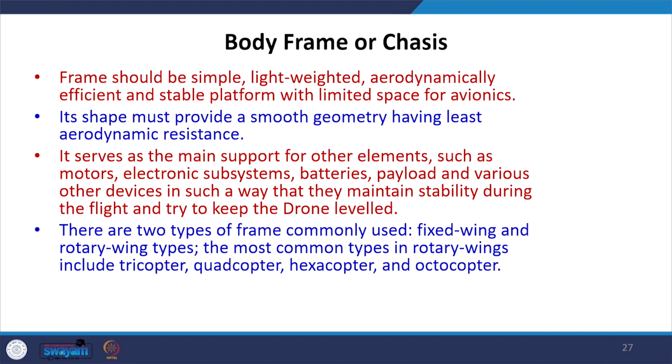The frame should be simple, lightweight and aerodynamically efficient. That is important. And a stable platform with limited space for avionics. Its shape must provide a very smooth geometry having the least aerodynamic resistance, so that the drone can fly without much resistance.